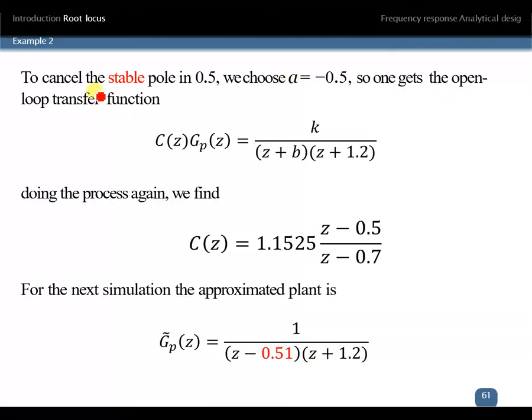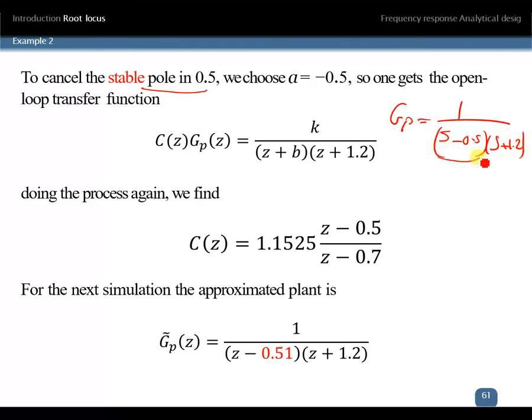Another thing, cancelling the stable pole. Now I want to cancel the stable pole, because in the system, if you remember G(z), you have one of them z minus 0.5, another one z plus 1.2.